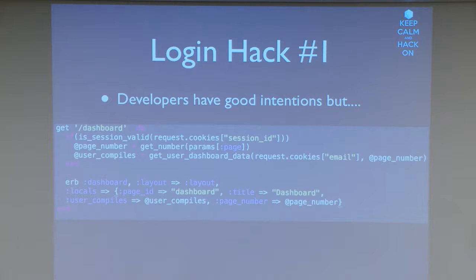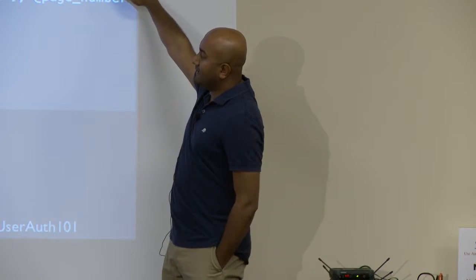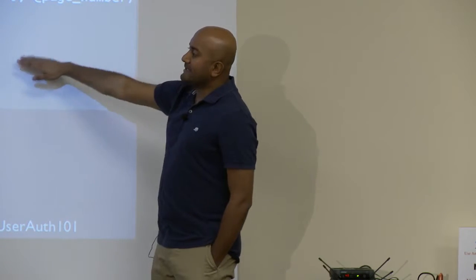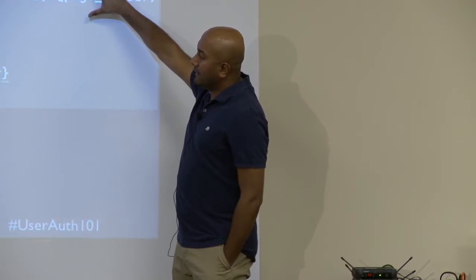Does anyone see anything wrong over here, or anything weird that strikes out at you if this was the application? I'll give you a hint. They take the session ID and do some stuff, and then they get some more data with email, and then display it out over here. This is the display function, and this is the actual function that goes and processes all of your data.